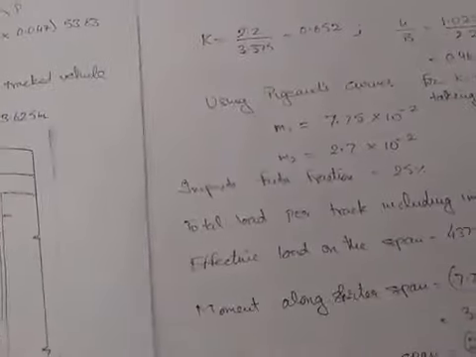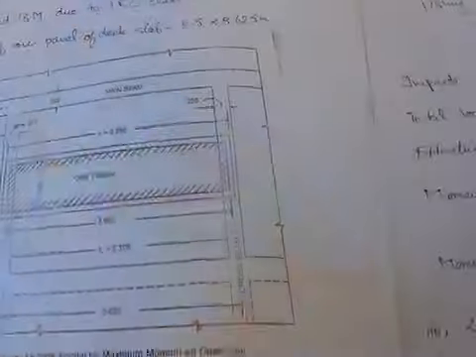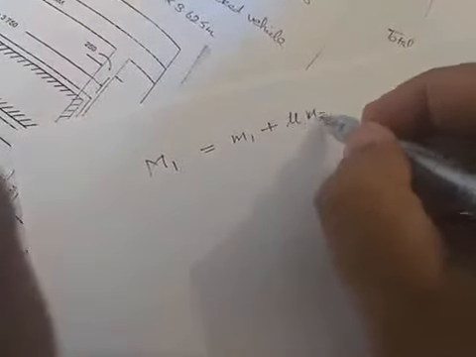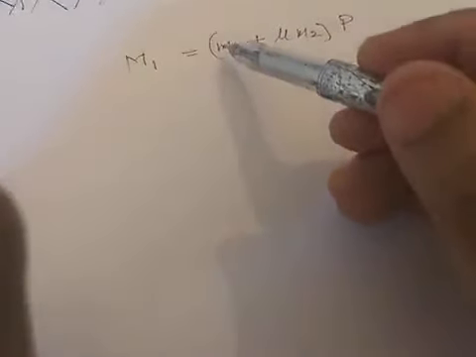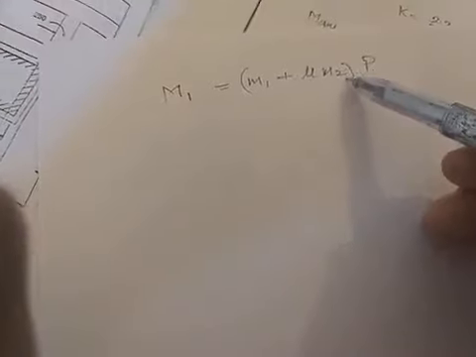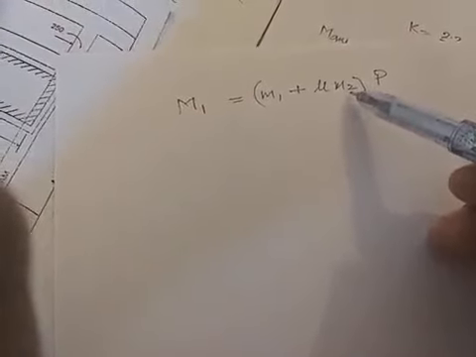Now the formulation to calculate the moments: capital M1, the moment along the short span, is equal to m1 plus mu into m2 in brackets, into P. So m1 is the coefficient we have already calculated from the corresponding value of k. m2 is the corresponding value of coefficient for 1 by k.